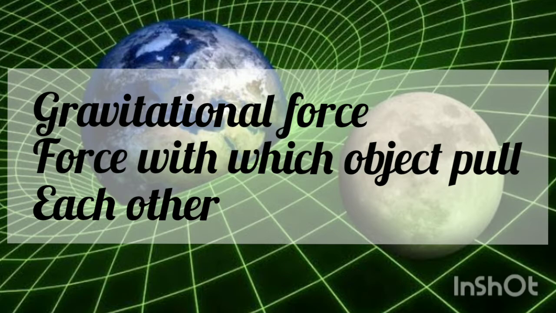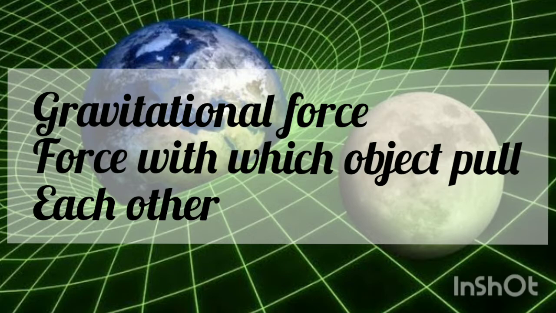Now, we should see the examples. For example, the earth exerts a gravitational force on us that is strong enough to keep us bound to it. It is also the gravitational force that causes a small ball thrown up to fall back to the ground.